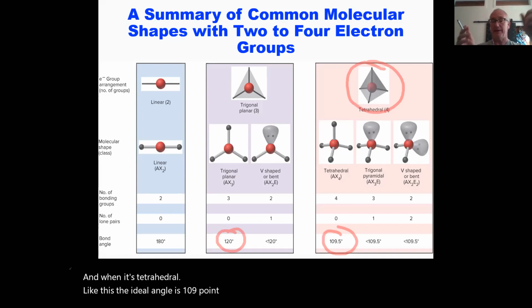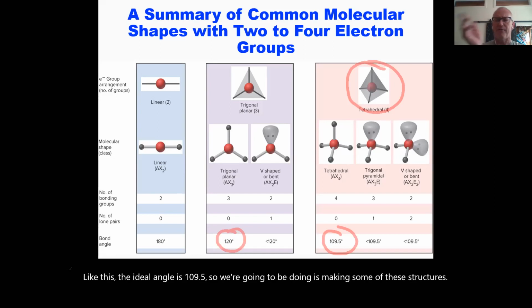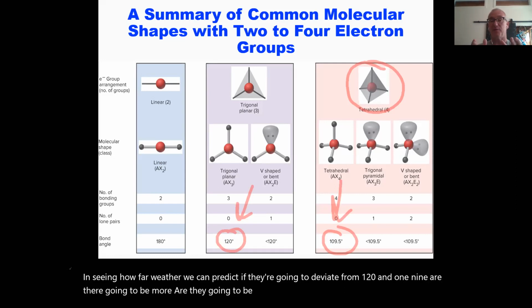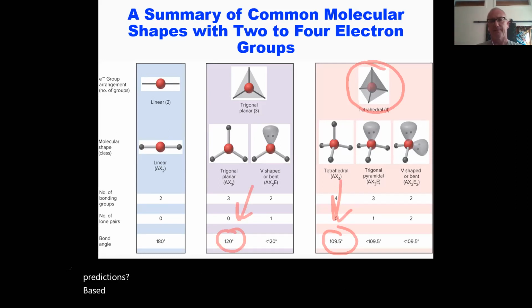So what we're going to be doing is making some of these structures and seeing whether we can predict if they're going to deviate from 120 and 109. Are they going to be more? Are they going to be less? We should be able to make those predictions based on what the groups are around the central atom. Okay.